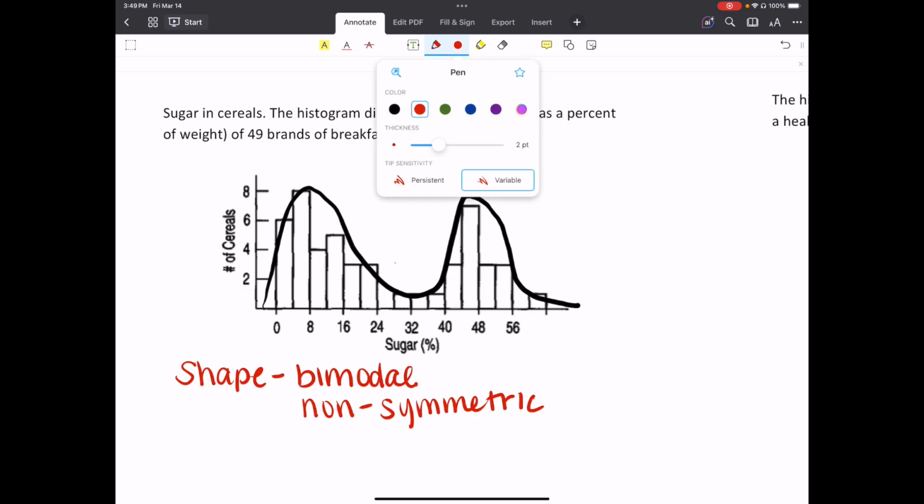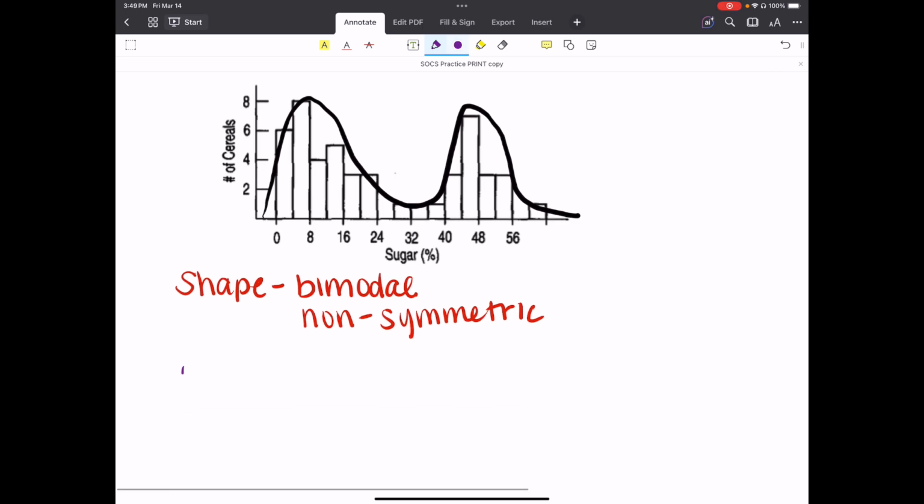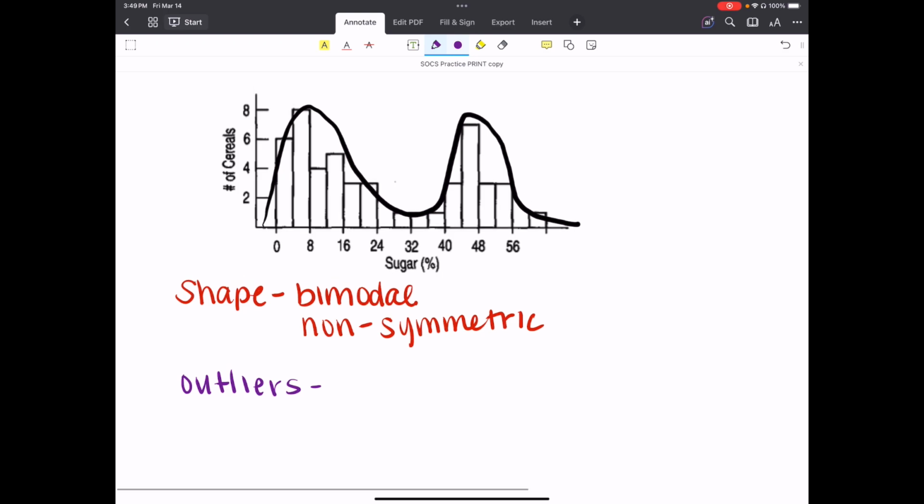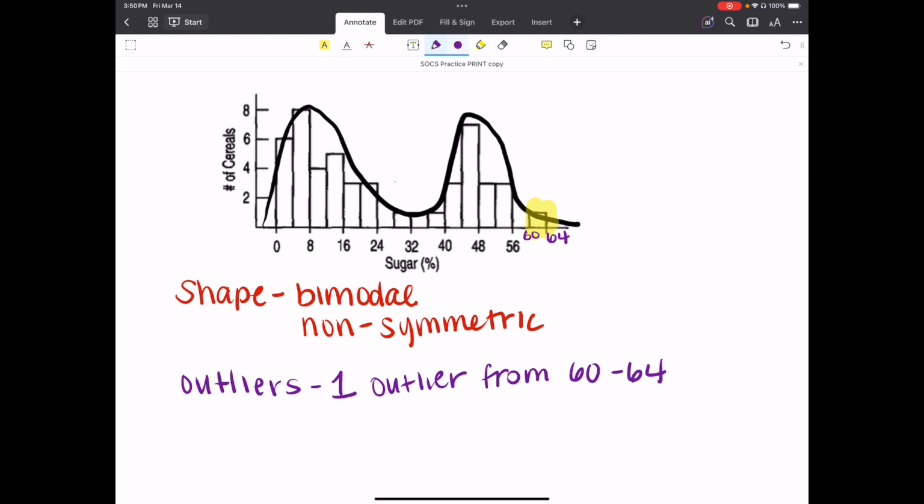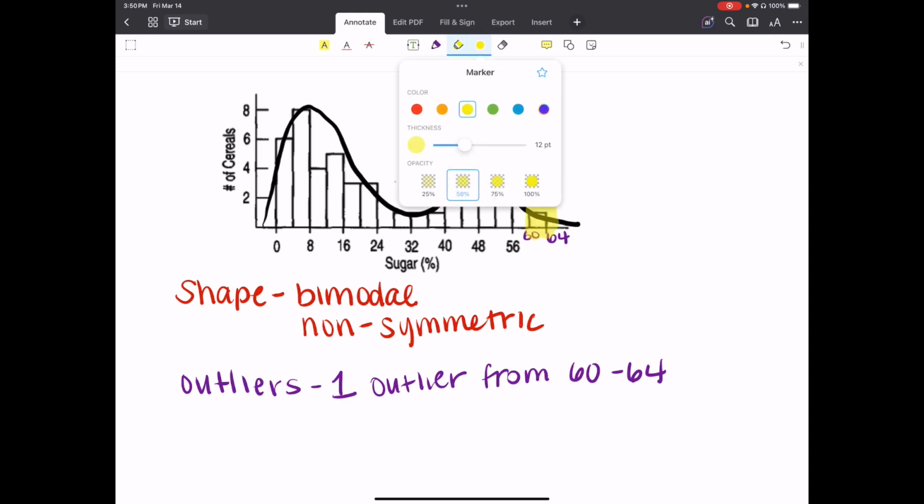So now let's talk about our outliers. So if we look, this one right here looks like an outlier. So once again, these are going up by fours. So this is 60 and 64. So we're going to say one outlier from 60 to 64. And then we have gaps.